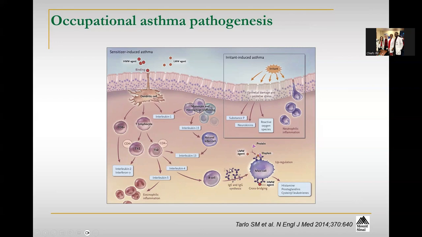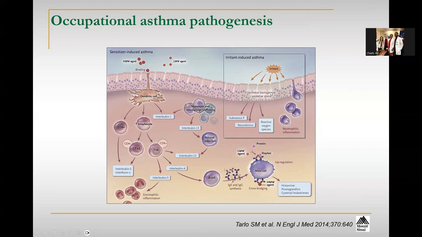So these are the pathways, the very classic one of the allergens, and that happens in the occupational environment. But there is also the irritant-induced one, where there is epithelial damage and oxidative stress, some reactive oxygen species, and neutrophilic inflammation, but somehow this pathway eventually also converges with the other one, so the manifestations may end up being similar.